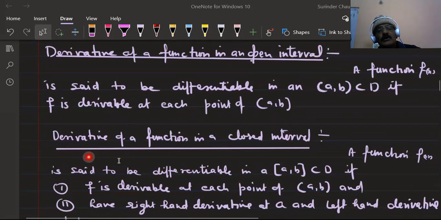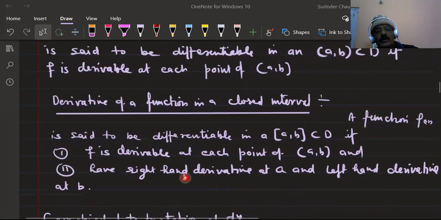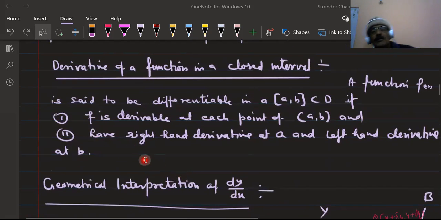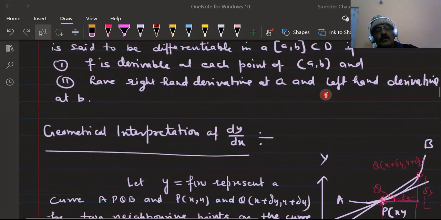And a function f(x) is said to be differentiable in a closed interval if f(x) is differentiable at each point of the open interval and has a right derivative at a and a left derivative at b.